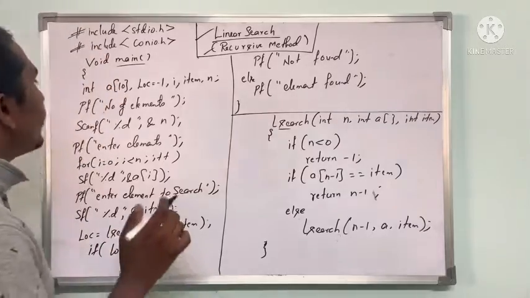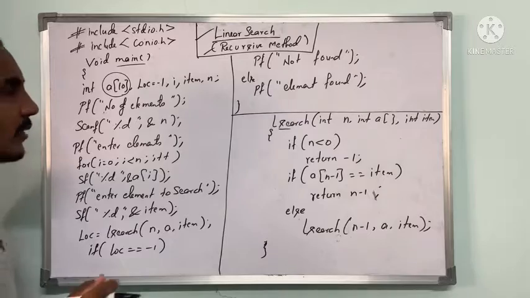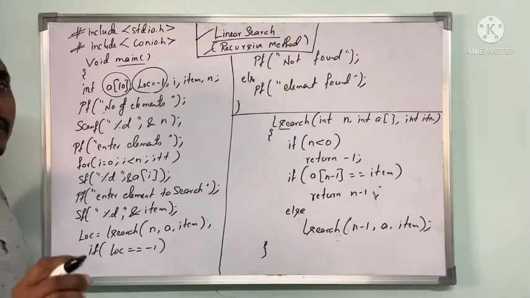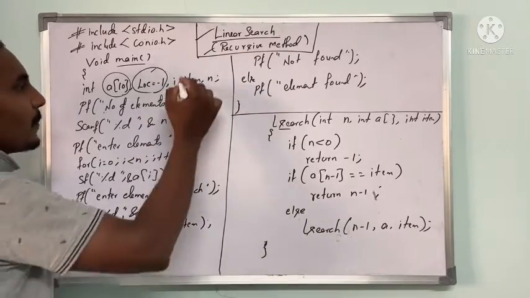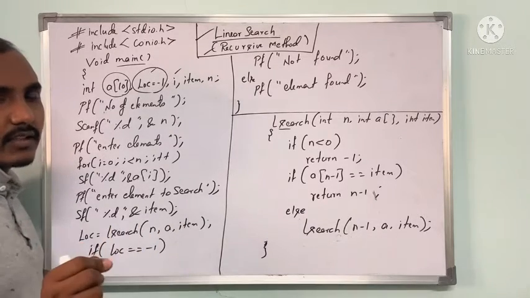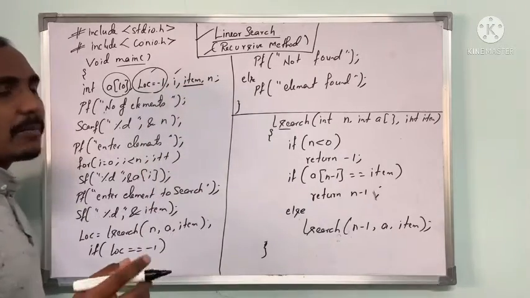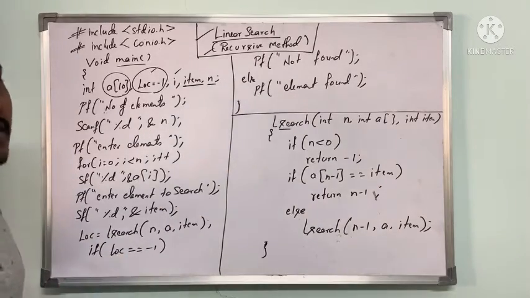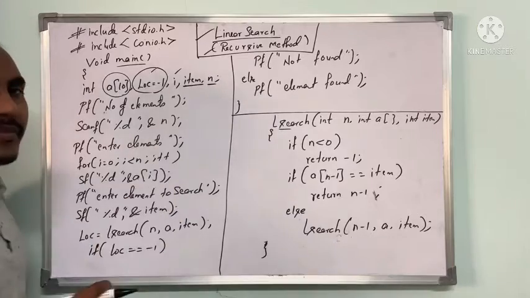For that, we need to declare some variables: A, which will take the array elements; location, which is used for finding the location where the element has been found; I, which, as you know, will identify the index values; and item, which will represent the element that we want to search. N will represent the number of elements that we want to enter into the array.